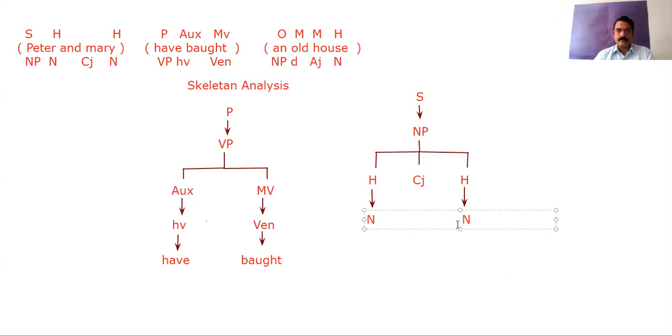Fine. Then arrows once again. Noun is Peter. Then we have conjunction, and then this noun Mary. Fine. So we have to write the phrase here. Peter.